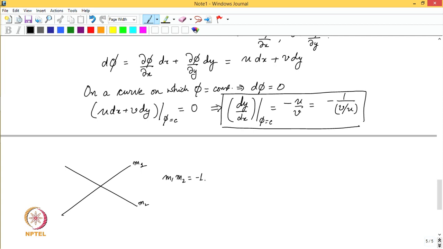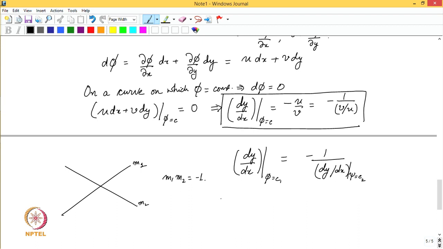The same thing has happened here, that the slope of the line at this specific location on a given value of velocity potential is the negative inverse of the slope of the line which is given by the constant stream function.